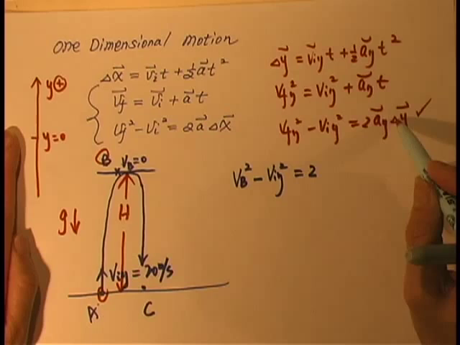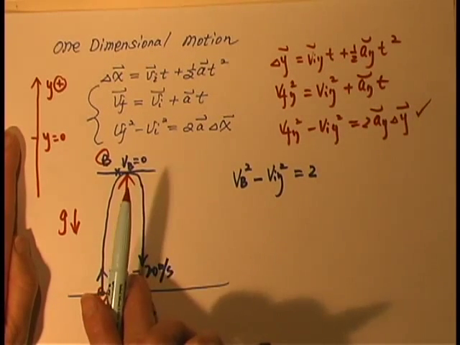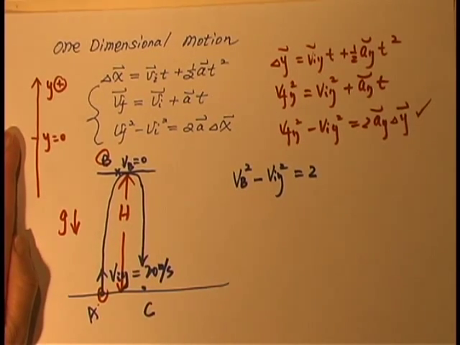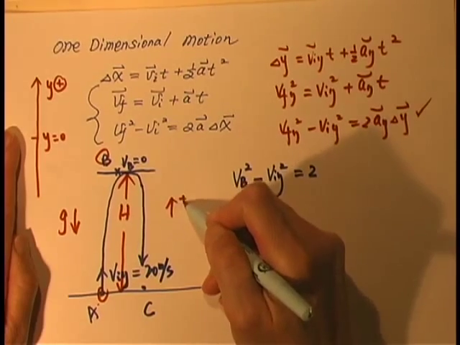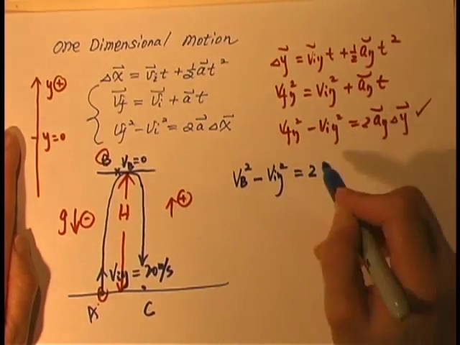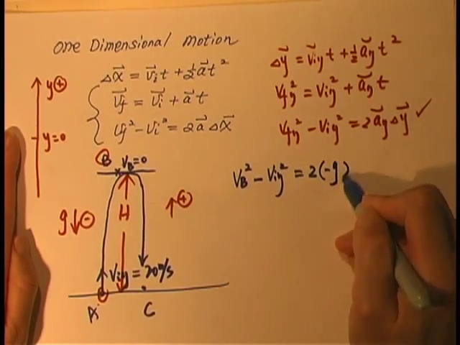Because look at this, here's delta y. Delta y is a change of position, or displacement. Your displacement is up because initial is here, final there. So if you choose up as positive, then down will be negative. So a is negative because it's down, value is g.